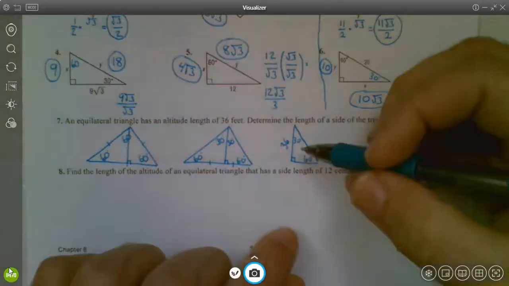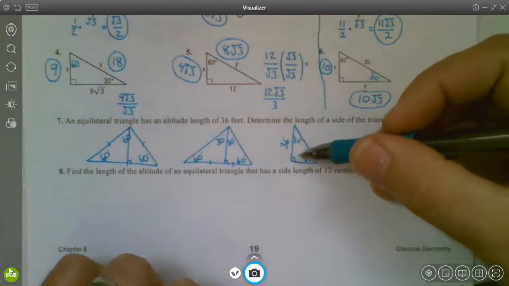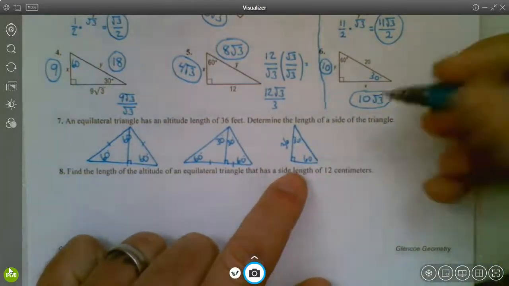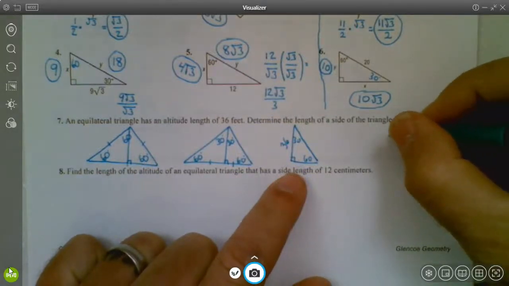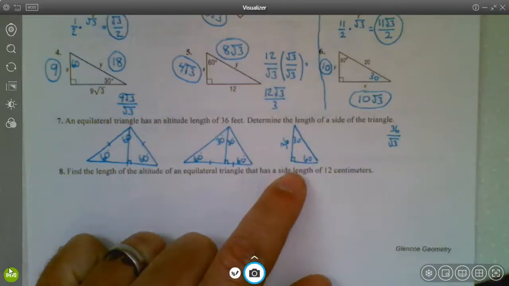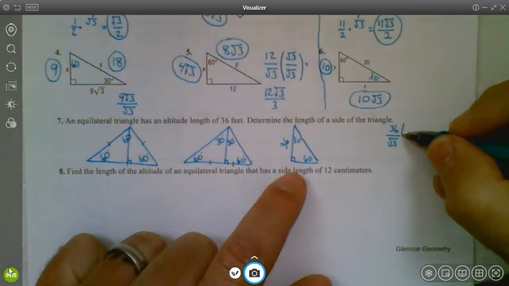Right? So I'm right back in what we were just doing up above. How do I go from long leg to short leg? We know we divide by the square root of 3. So if I took 36 and divided by the square root of 3, it's going to look like this. Let's clean that up a little bit.